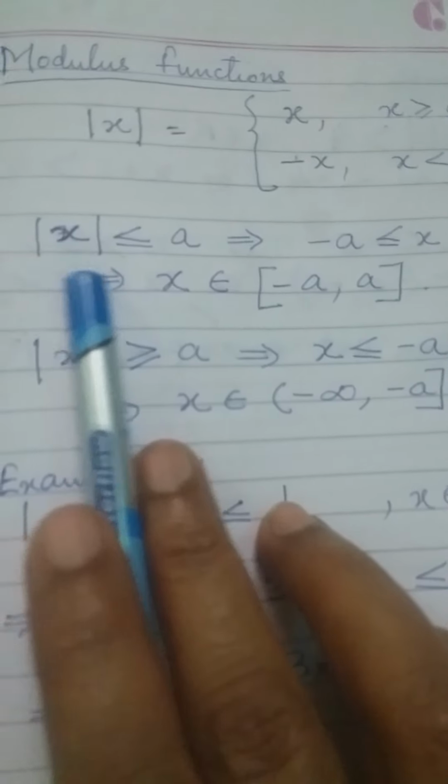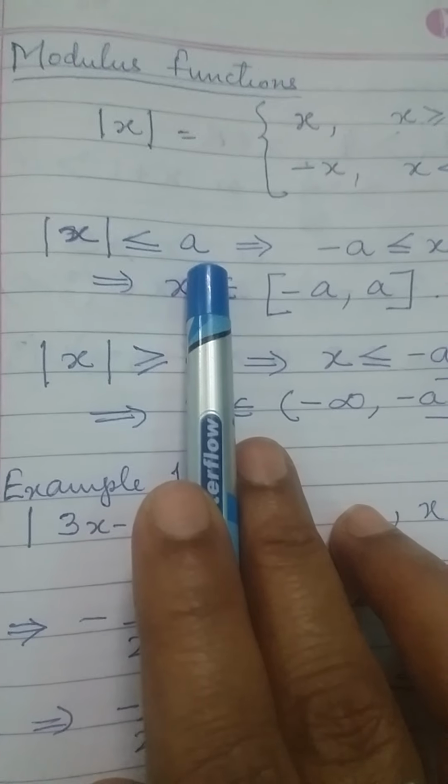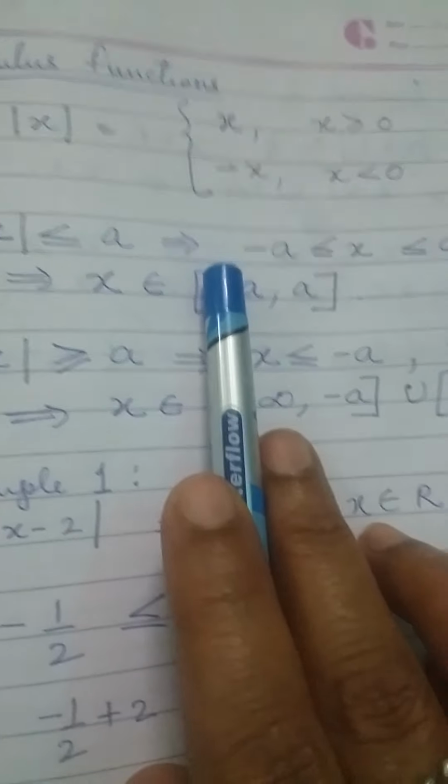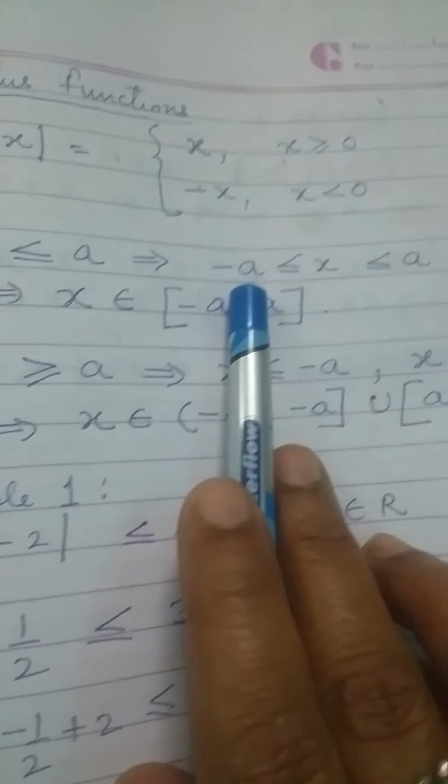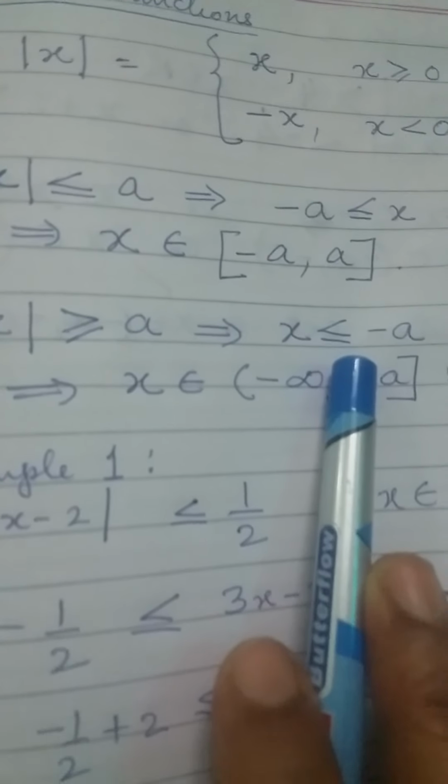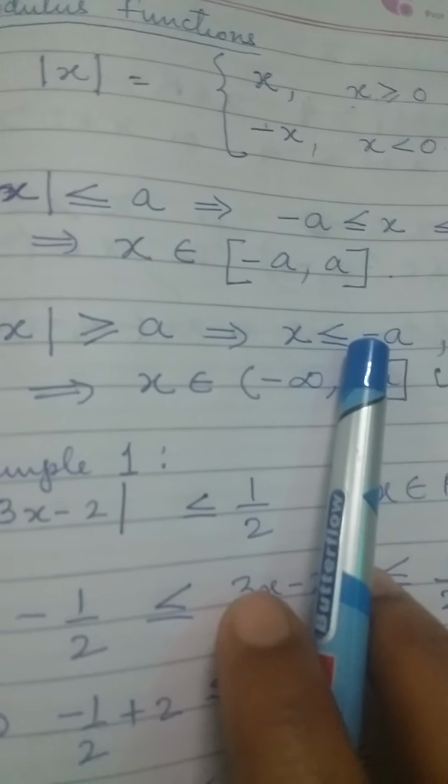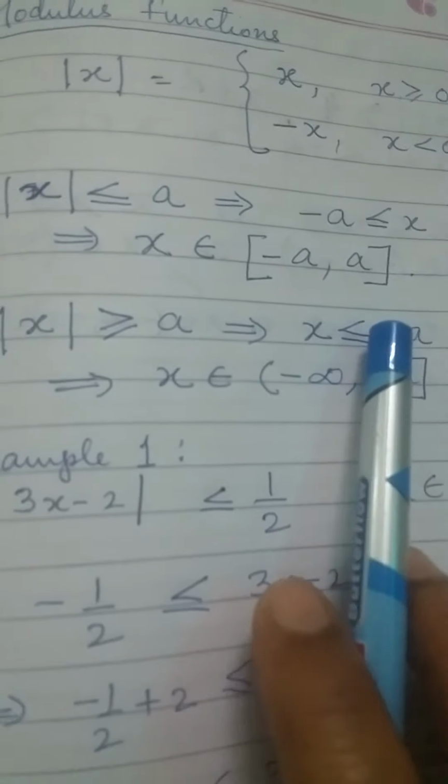First result: mod x less than or equal to a implies minus a less than or equal to x less than or equal to a, which means x belongs to the closed interval minus a comma a. Now the second case is if mod x is greater than or equal to a. In that case, x will belong to two cases: either x is less than or equal to minus a or x is greater than or equal to a.